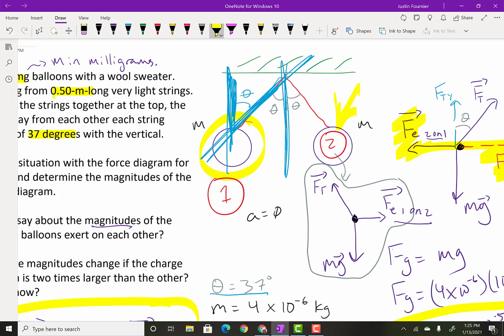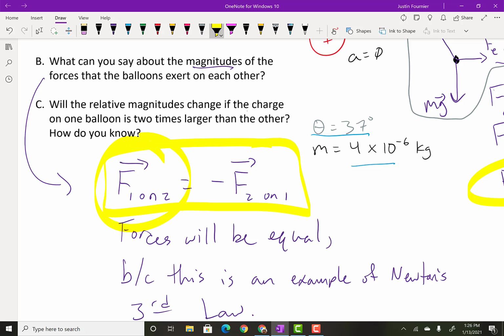We're talking about the forces these two balloons exert on each other, that's this electric force. It doesn't matter how much charge I put on one or the other, the forces will always be equal, the same magnitude, just opposite in direction.